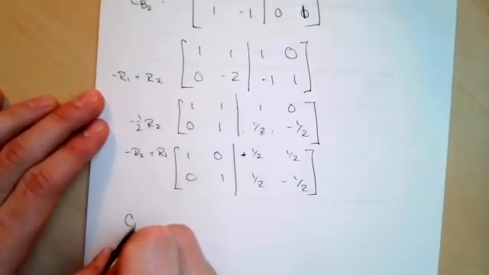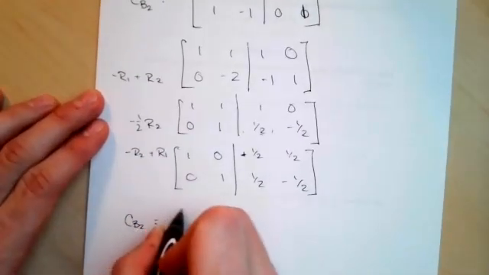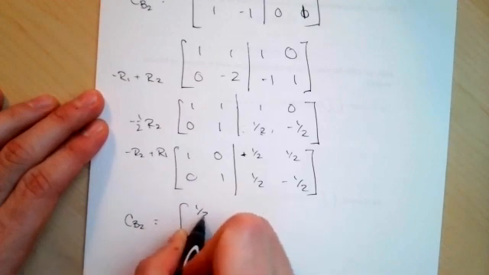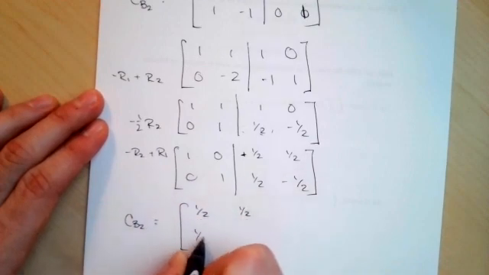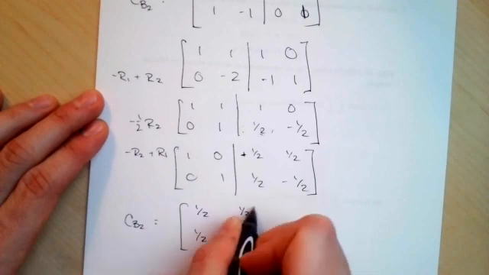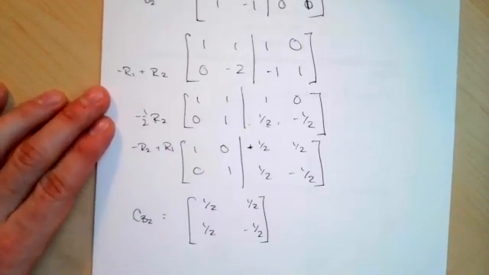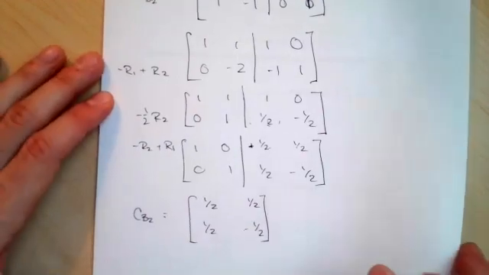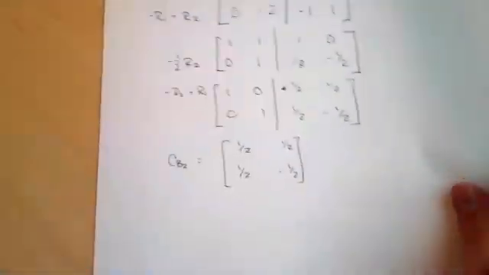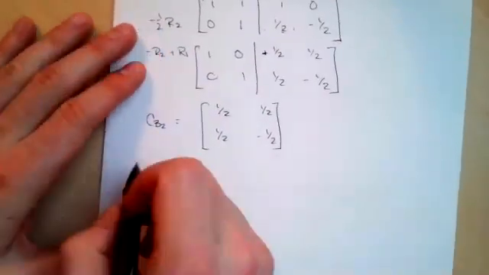So our CB2 is 1/2, 1/2, 1/2, minus 1/2. Luckily, 2 by 2s, not too bad. And then our final answer, so let's get back. Let's just write it here. I think we've got space now.